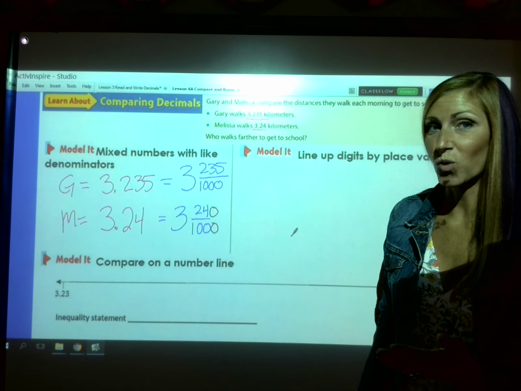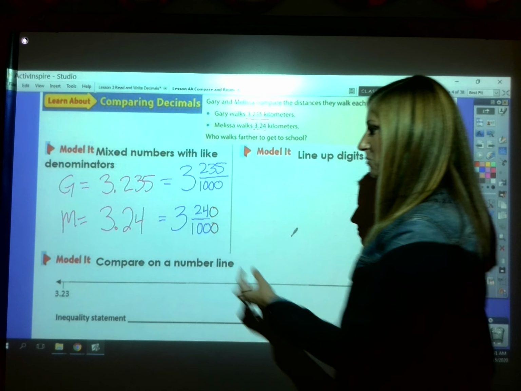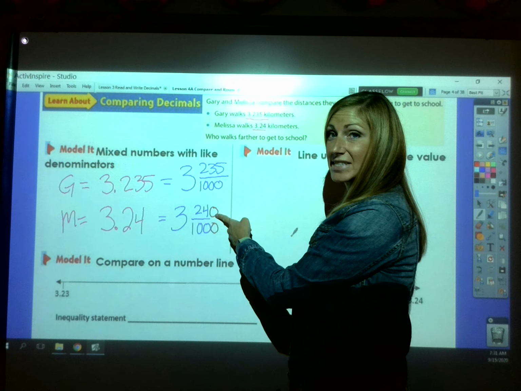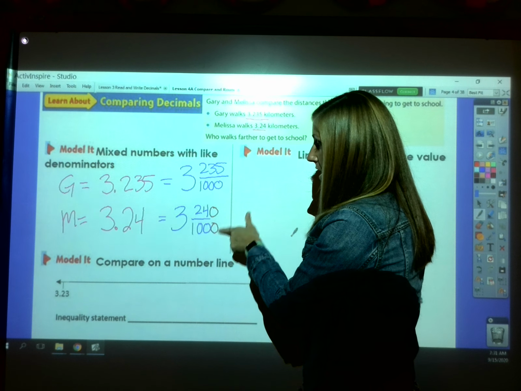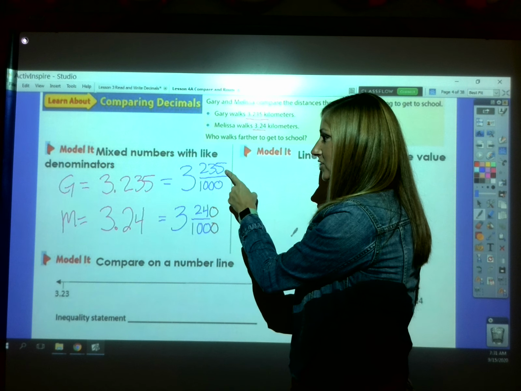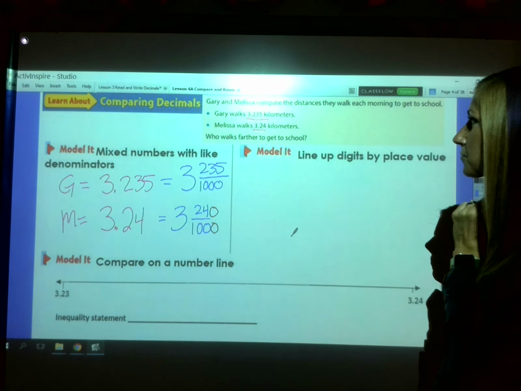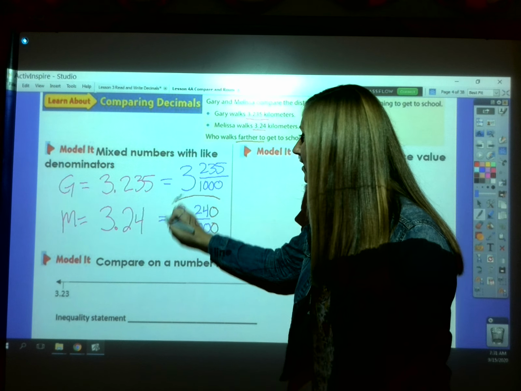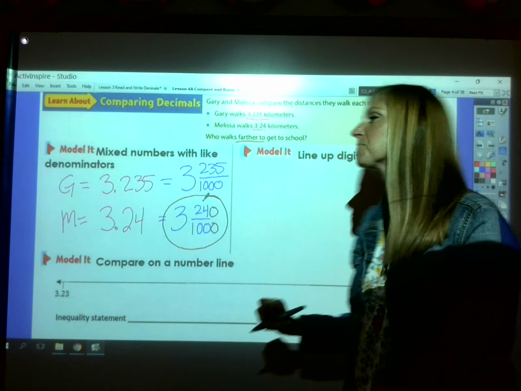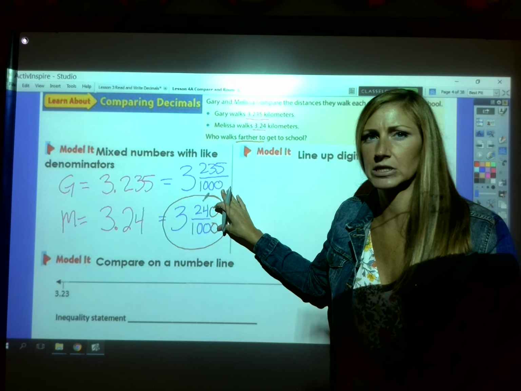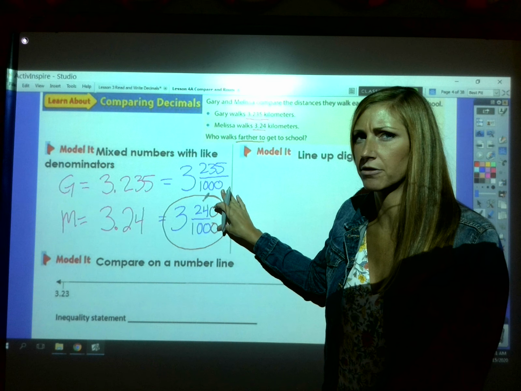You'll notice what looked like it was smaller, 24 versus 235, is actually, when we get them in the same amount of pieces, 240 versus 235. So who walked farther? Yeah, Melissa. Okay. Well, maybe putting them in fraction form isn't the best way. Maybe this is a little fuzzy still.